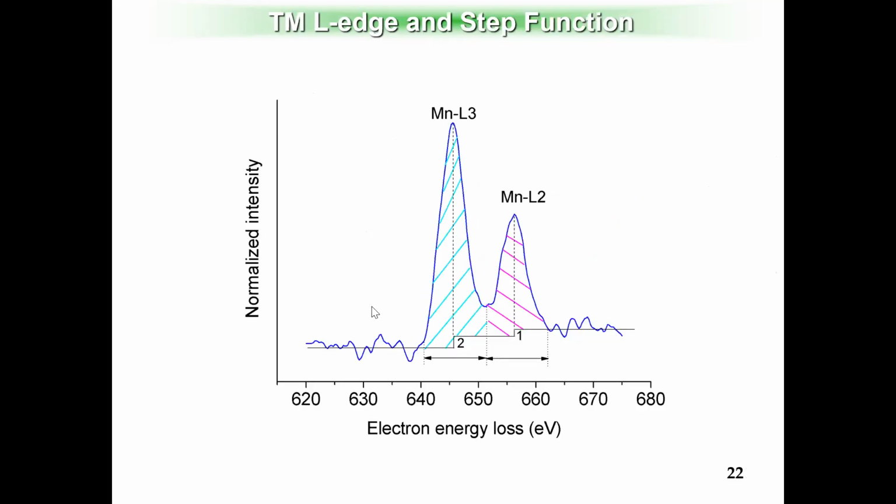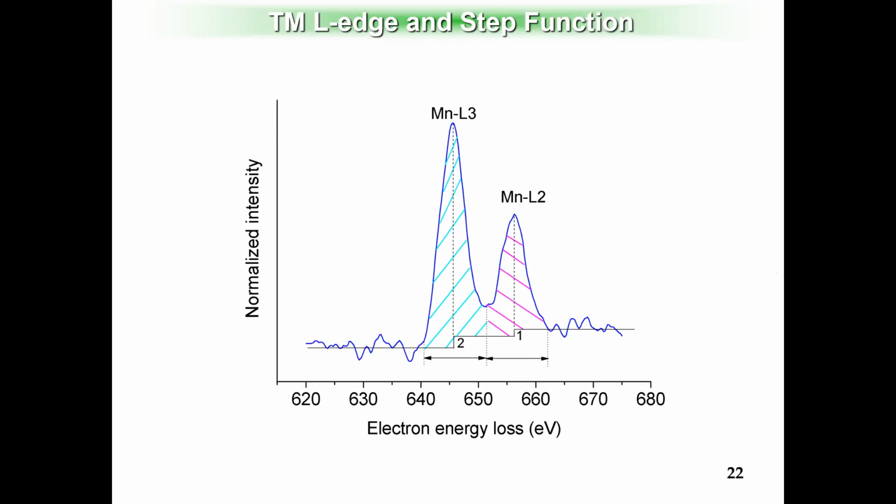So here is an example of how we can quantify the intensity ratio of L3 and L2 peaks. Here is an example of the manganese L edge. And once you get this, you can check the book for why we use this called a step function. There's a reason for that. For different elements and different edges, you will have different mathematical models for the background subtractions.